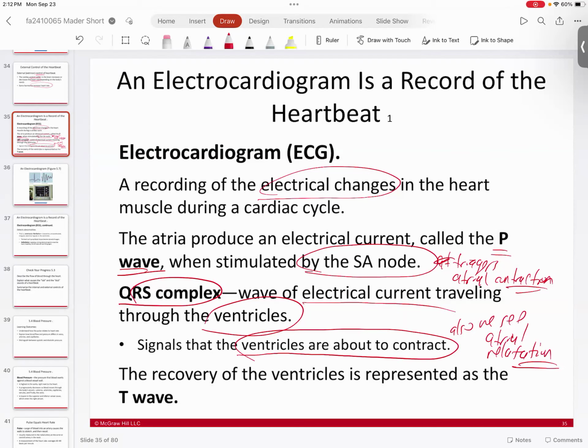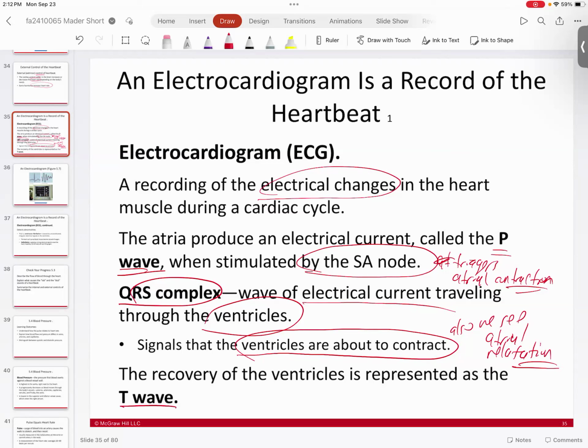Now, there's not an electrical signaling that goes on with the relaxation, but that's also what's happening at this time. While the ventricles are contracting because of this signal, their stimulation, then the atria are relaxing at the same time.